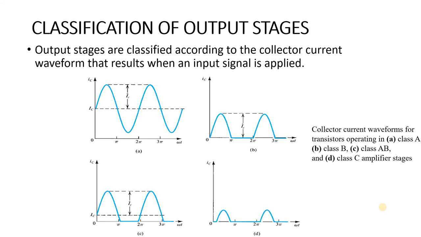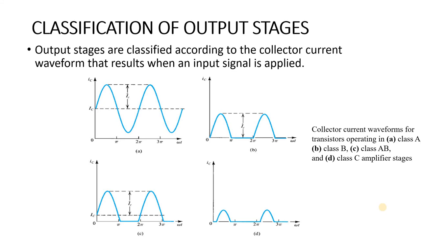Class A amplifier. All these are collector current waveforms for the transistor operating in class A, class B, class AB and class C amplifier stages.